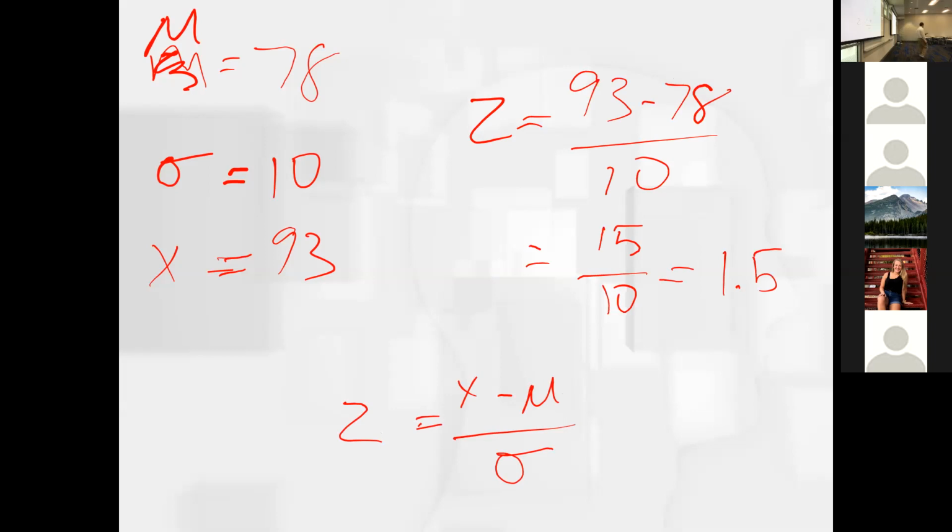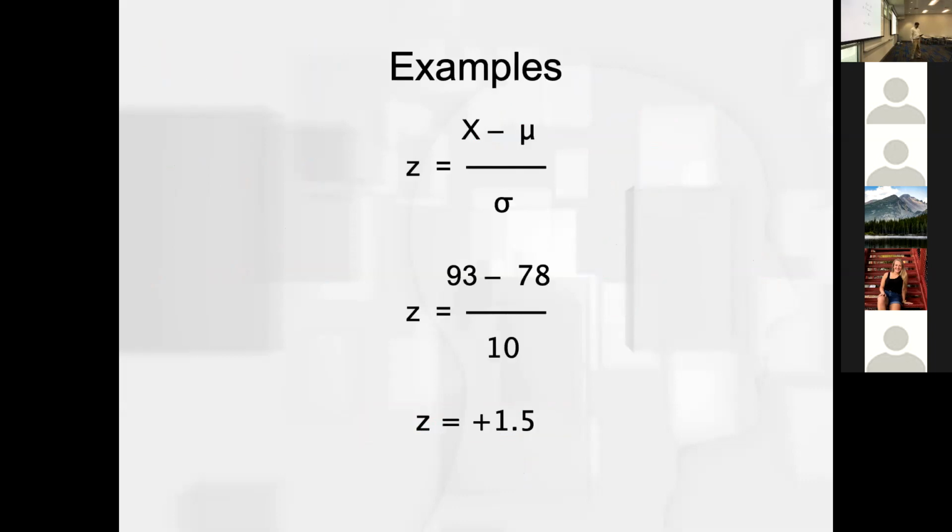So the z-score for somebody with an exam score of 93 is 1.5 in a population where the average score is 78 and the standard deviation is 10. Make sure we did that right. Yep. So what that's translating to is somebody who has an exam score of 93 in that population is 1.5 standard deviations above the mean.